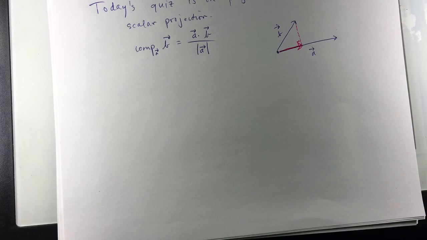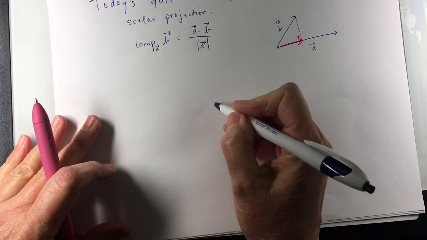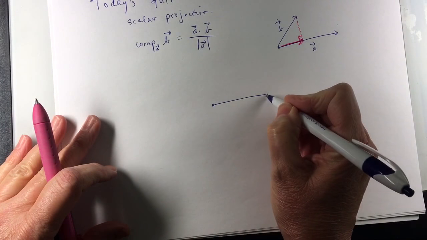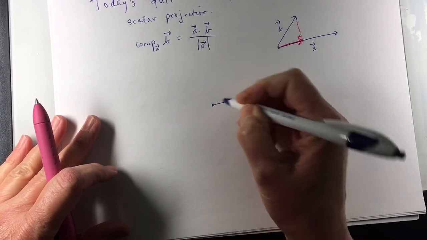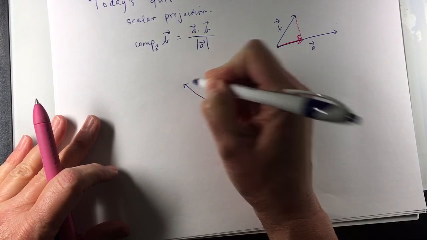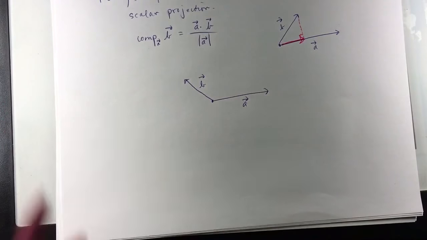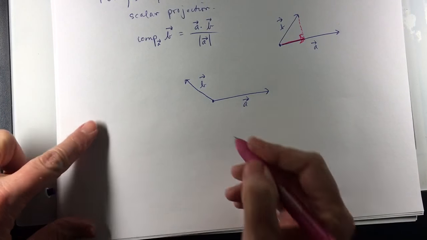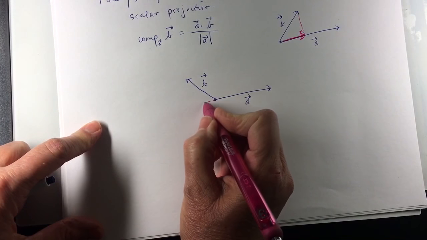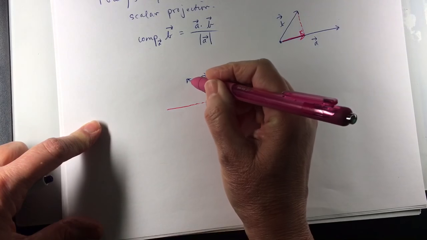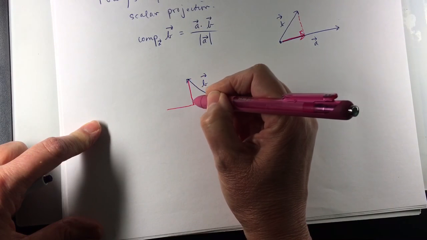When would the scalar projection being negative make sense? And it's when it's this. Here's vector A, and you know what? Vector B is going like this. And then the scalar projection of B onto A would come out this way.